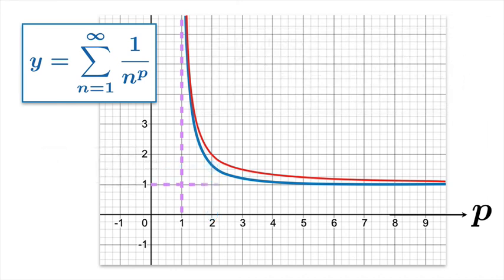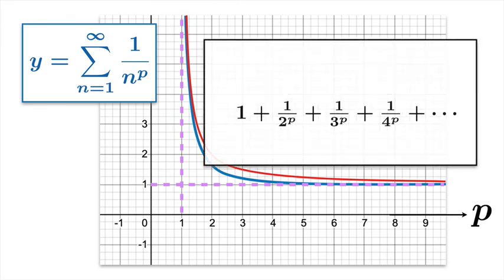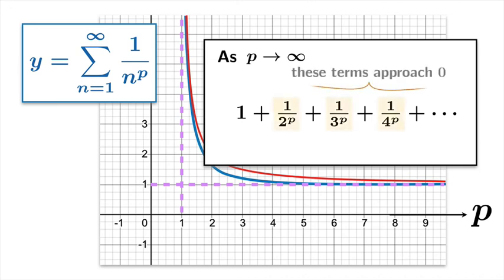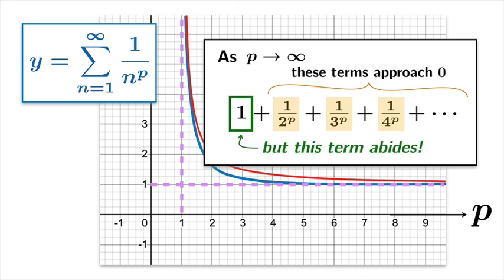Okay, final point. There appears to be a horizontal asymptote at y equals 1. So why should this be true? Here's a heuristic look at why. If you looked at the p-series and then you looked as p goes to infinity, all these terms should start approaching 0 because you're taking higher and higher powers of numbers that are smaller than 1. But this term is going to hang around.